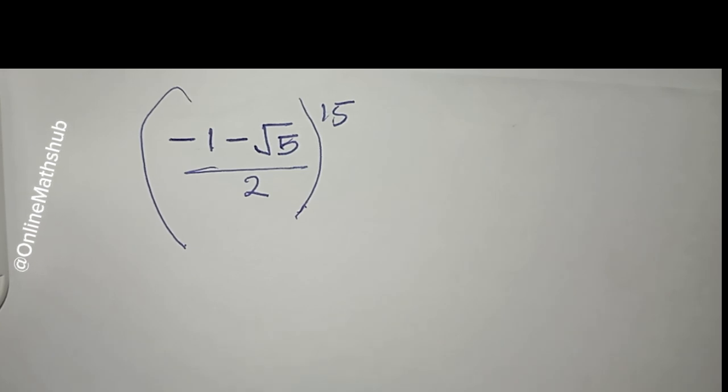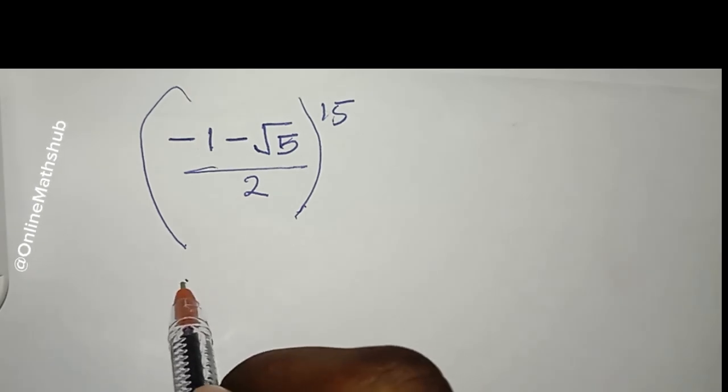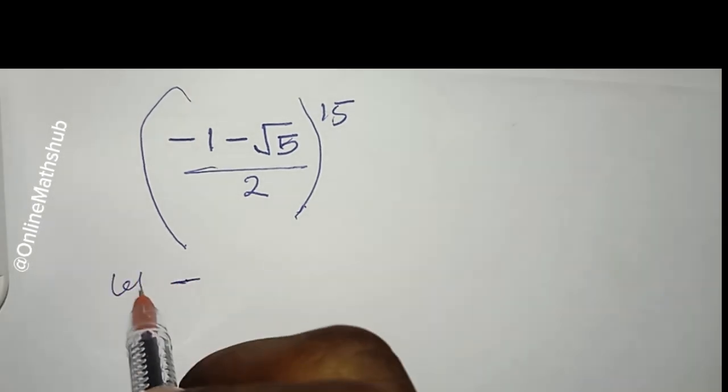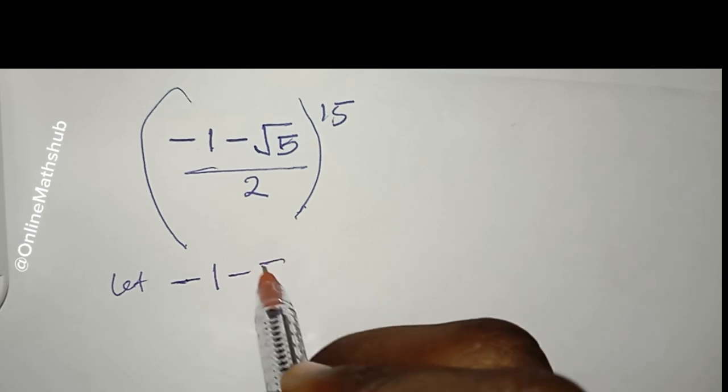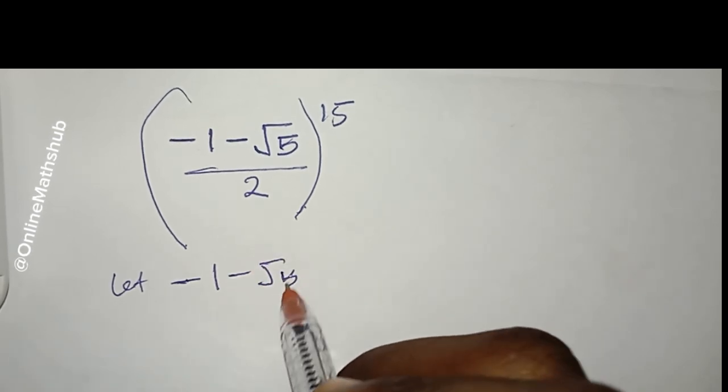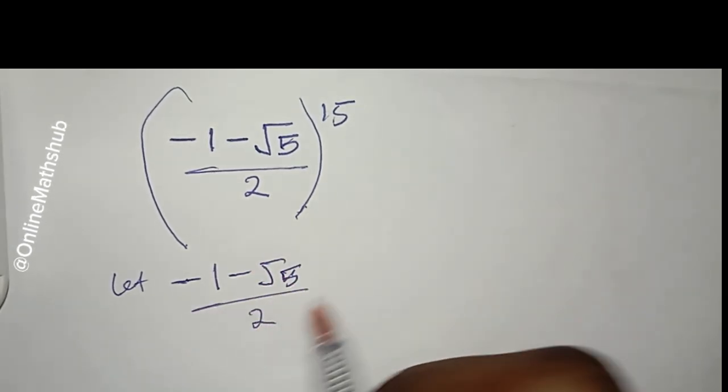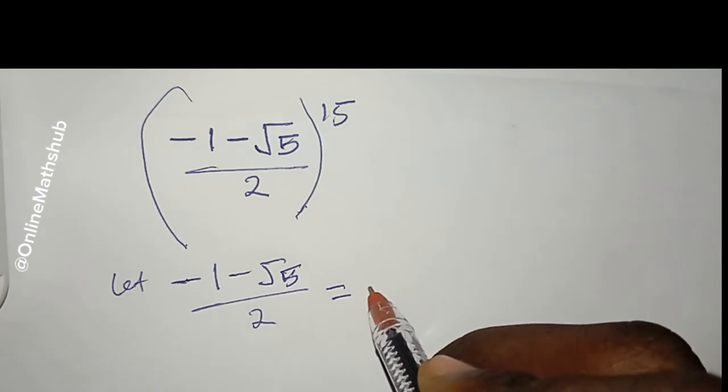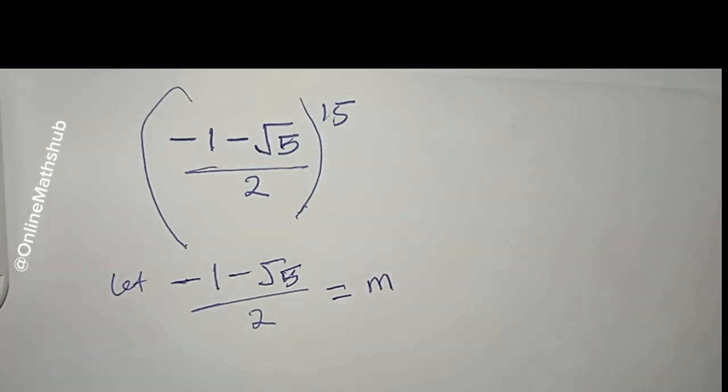So the first thing I want to do is set the expression inside the bracket to be a variable. Let (-1 - root 5)/2 be equal to, let's say, a variable m.